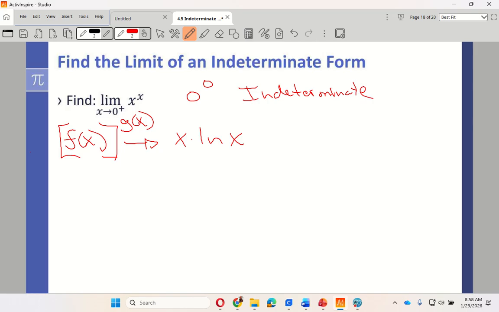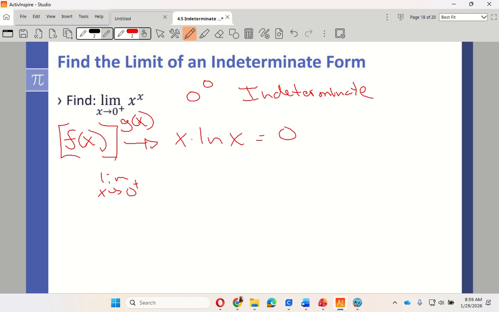So, the limit for this one, because I didn't check this one. If I plugged it in, this right here gives me 0. By rewriting it, that gives me 0, because ln x is undefined.